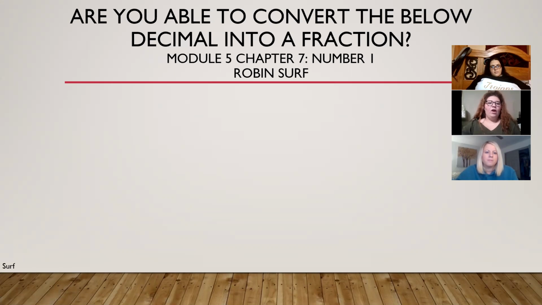So Robin, are you able to convert the decimal below into a fraction? Okay, well, let's take a look at the decimal 0.225. The first thing to notice is that there are 3 decimal places behind the 0. So let's make this easier to work with and multiply 0.225 by 1,000.